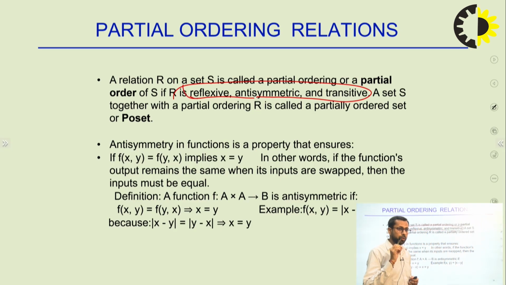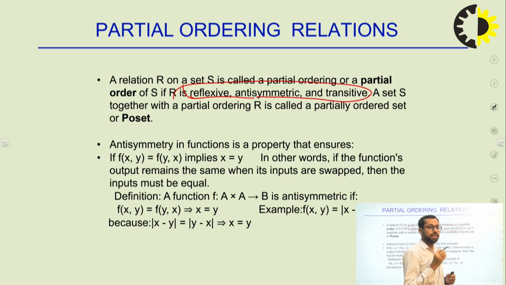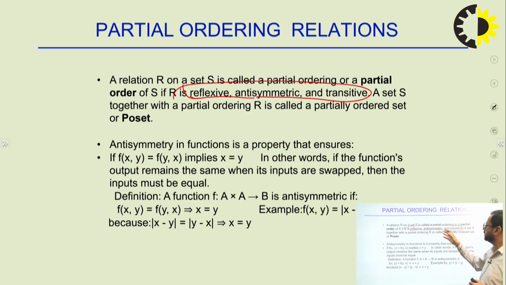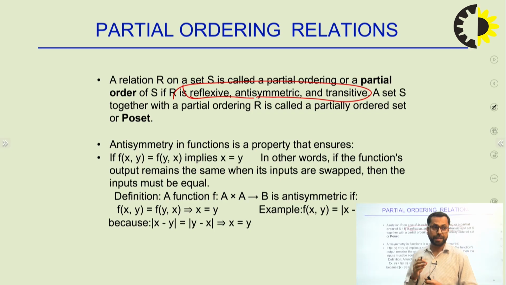We particularly identify all the relation properties: reflexive, antisymmetric, transitive, symmetric, asymmetric, and the irreflexive. So we discuss all the properties individually.